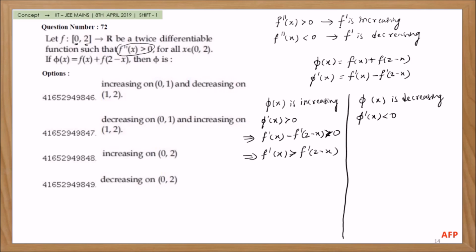Now listen here. It is given that f dash of x is an increasing function.